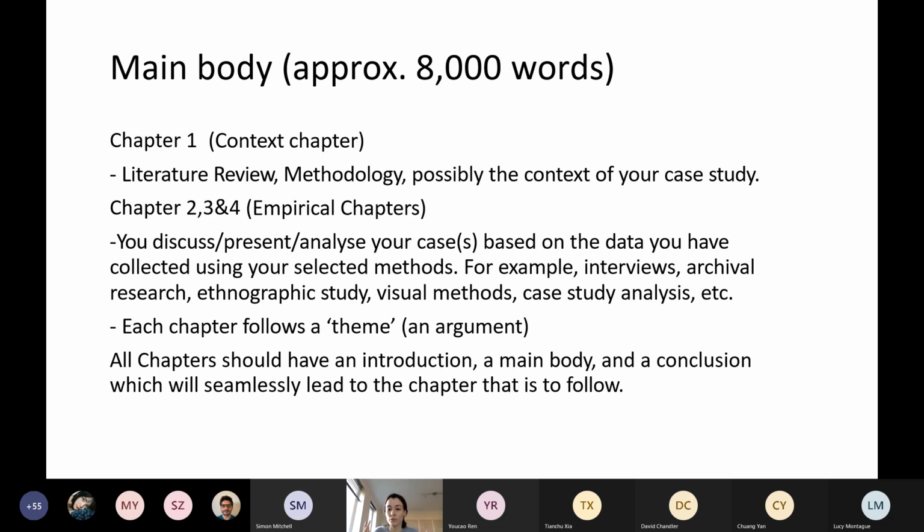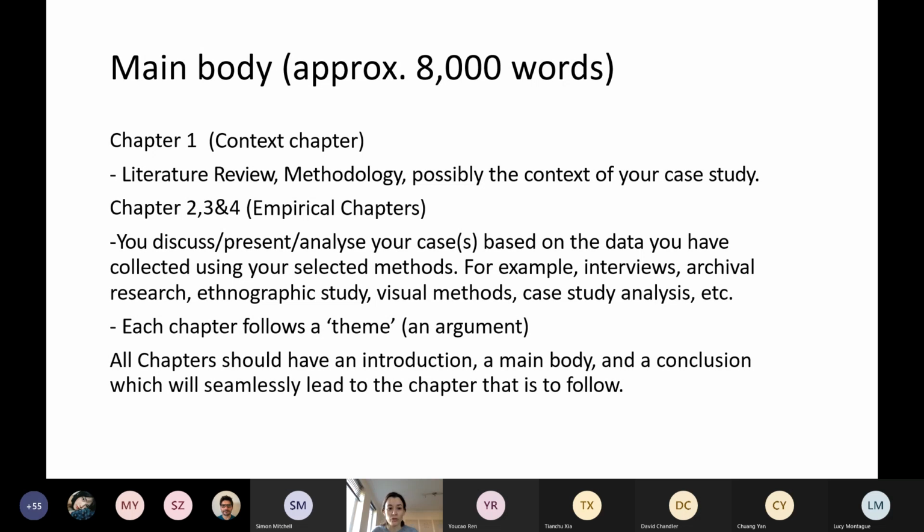So in the literature review, you place yourself within existing conversations that other scholars have started about your topic. You describe the approach that you take for this study, and you talk about the methods, the tools that you use to conduct this study. And you can also tell us about your case study. So what is this particular project or this particular event that you're investigating?